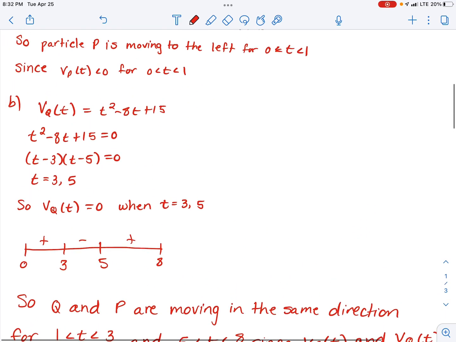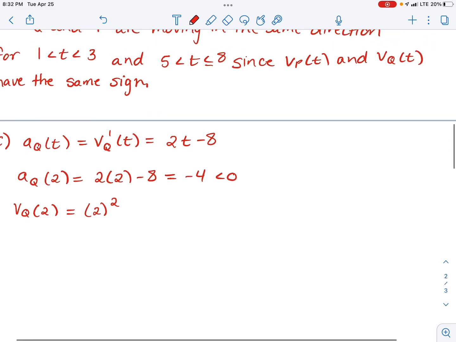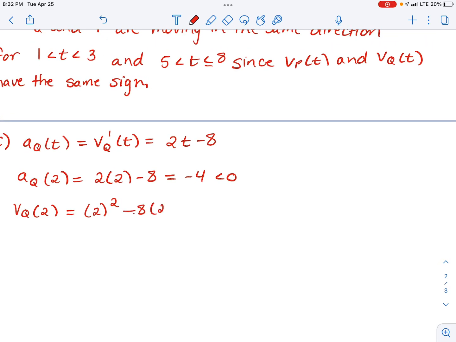And then the velocity at 2, what was the function again? Minus 8 times 2. Yeah, so this is going to be positive.